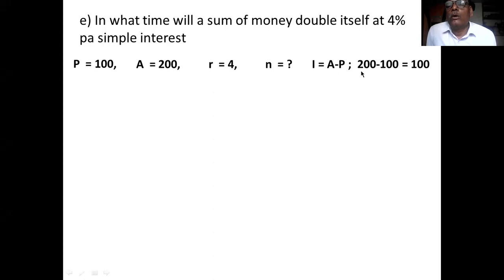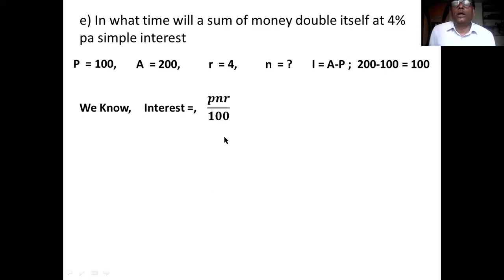Thereafter, amount minus principal is equal to interest. You calculate interest. After calculating the interest, you write the equation. Your equation is interest is equal to PNR divided by 100. So interest is 100, P is 100, N is N, R is 4 divided by 100.